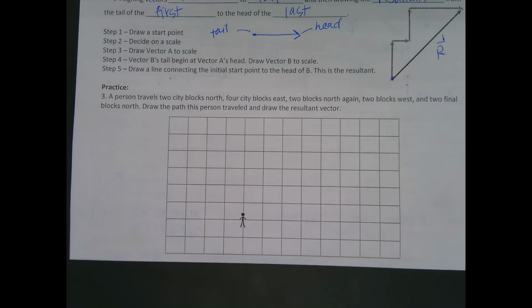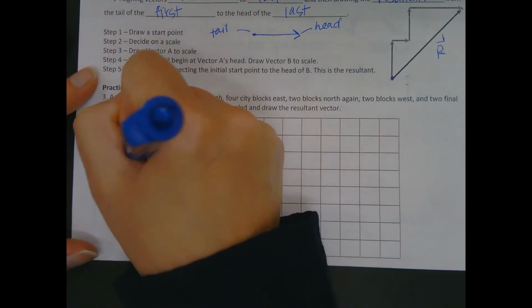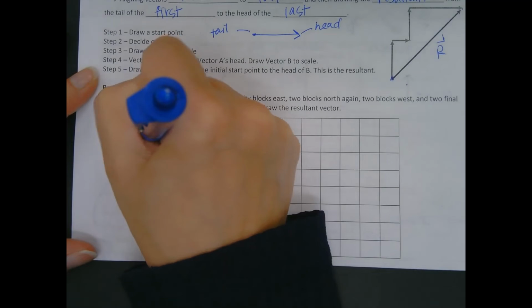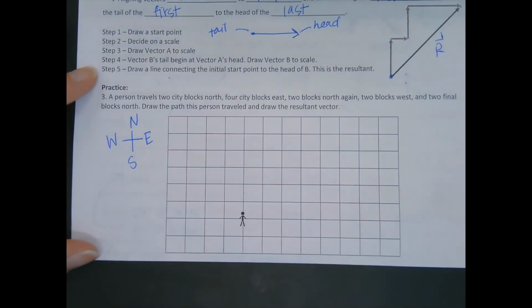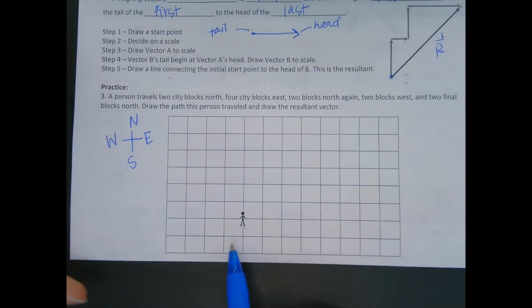I'm using north, south, east, west, so that's cardinal directions. So right here, I'm just going to write north, south, east, west, so that when I send my little stick figure on their journey, we can point them in the correct direction.